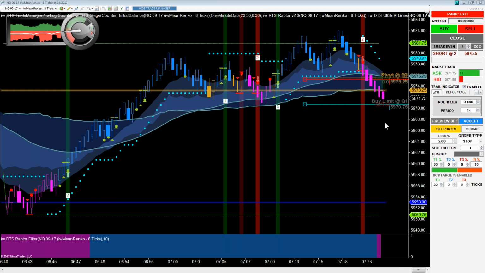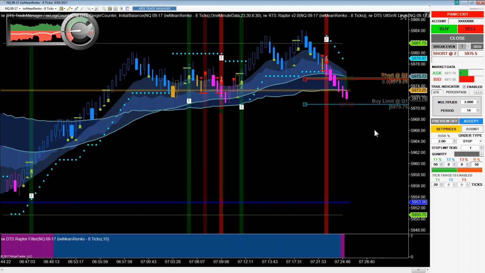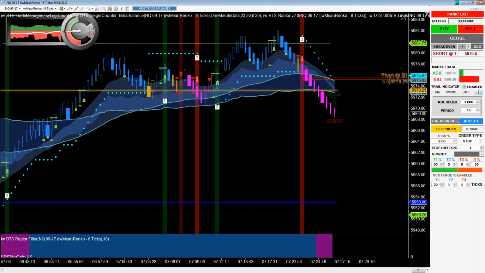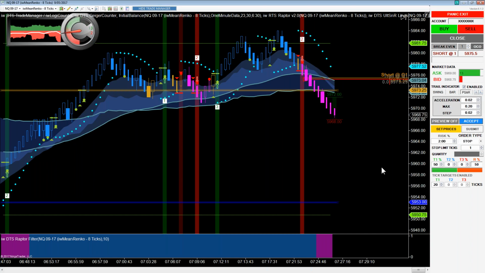They're just sitting there above my profit target. Look at that. Just need 2 extra ticks. I'm sure I will get it. I'm pretty confident they'll give me those couple of ticks. There we go. Okay, I may move into something more aggressive like the parabolics for the remainder of the move.